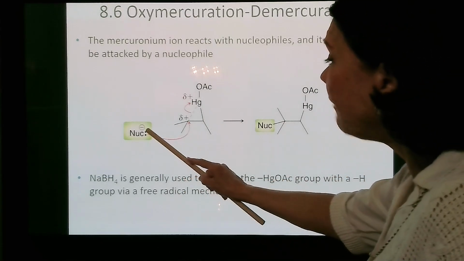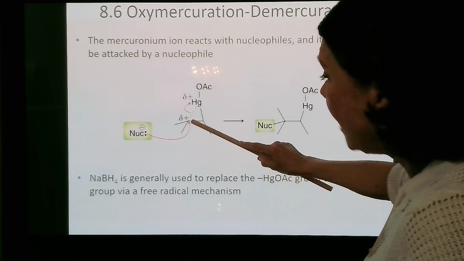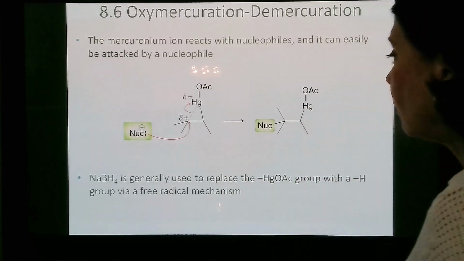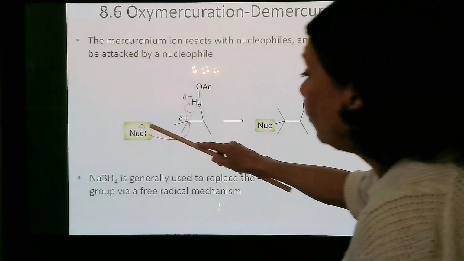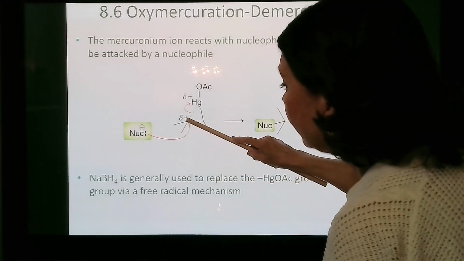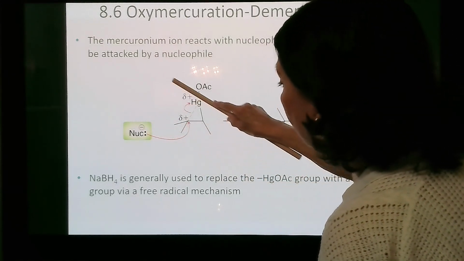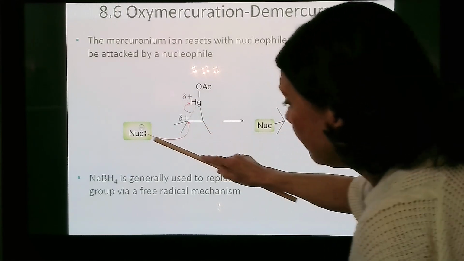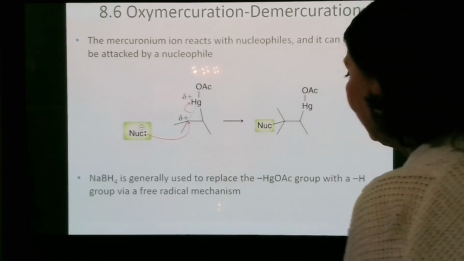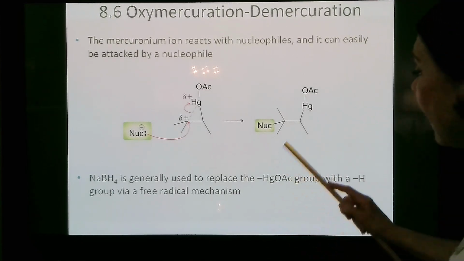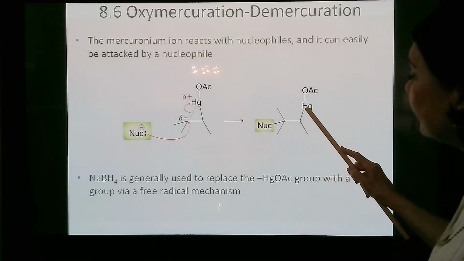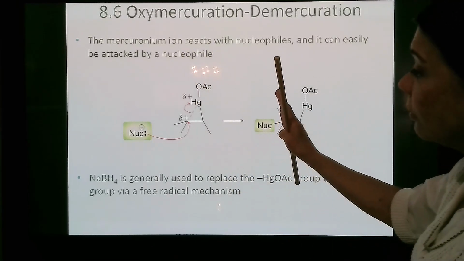And then the nucleophile comes in to attack. It's sort of like an SN2 reaction, where the nucleophile has to do a backside attack. It's not going to come in from the front side. It's blocked by mercury. It's going to come in from the backside. It's like an SN2 reaction. And so then the nucleophile is attached and the mercury has just simply moved over a little.